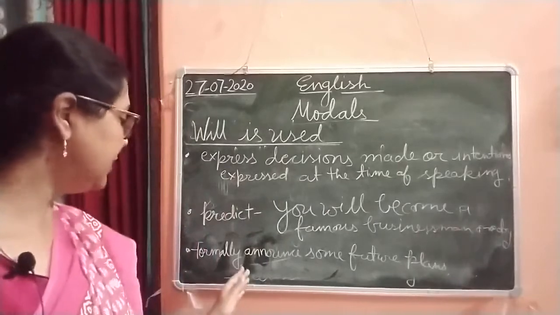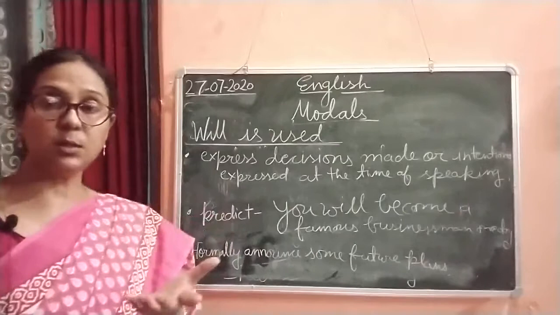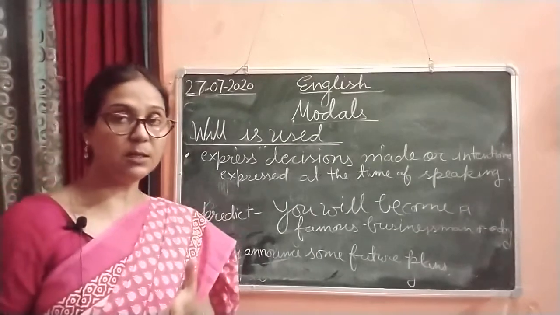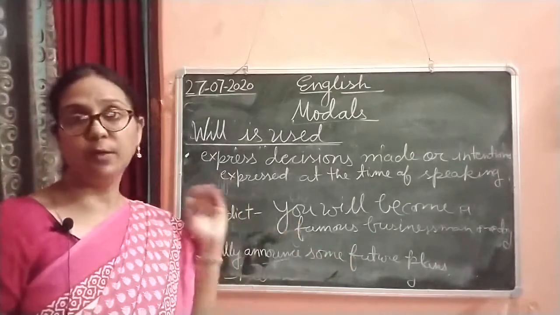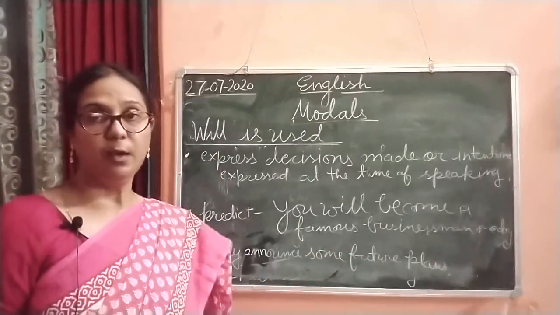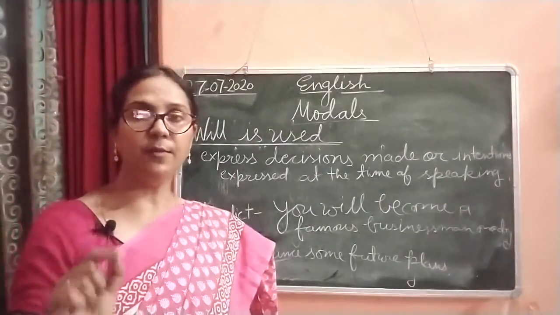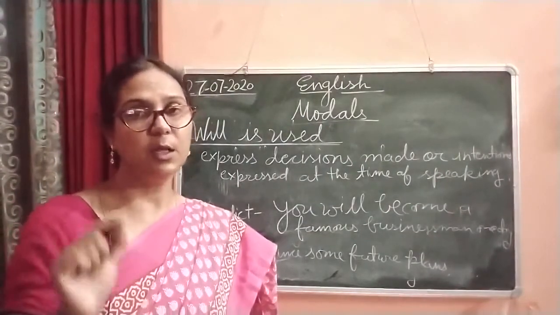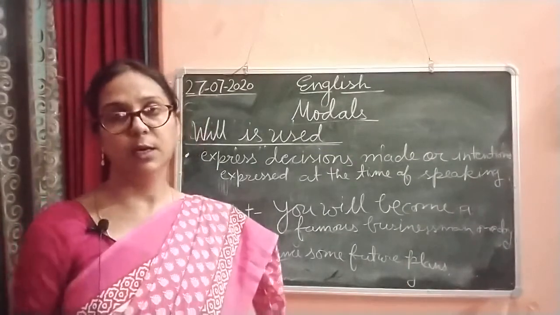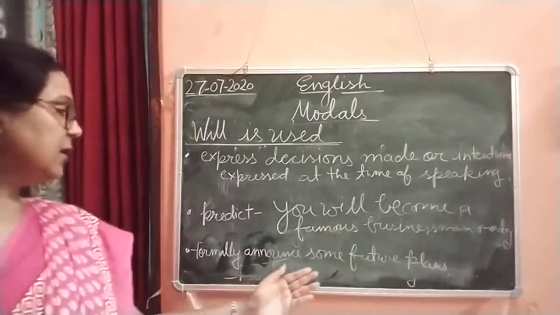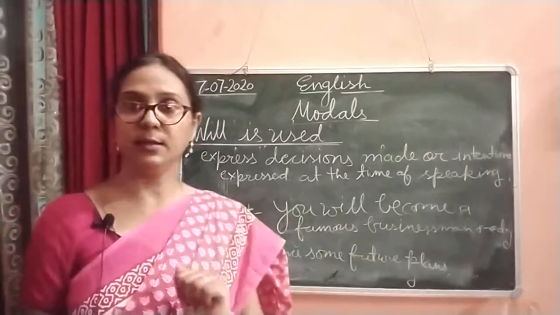The third point is to formally announce some future plans. To announce our future plans, we use will. The sentence is, "The President of India will inaugurate this plant on Monday." This is a formal announcement of future plans.